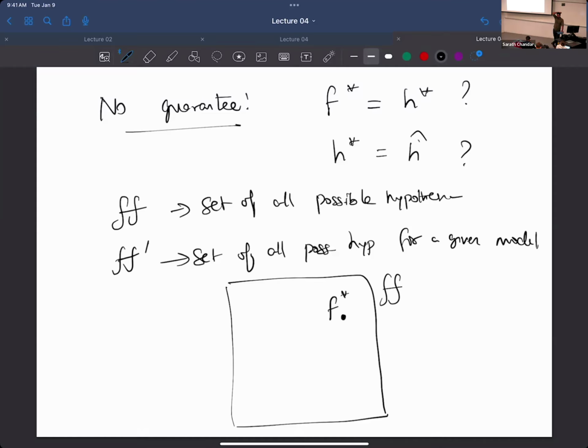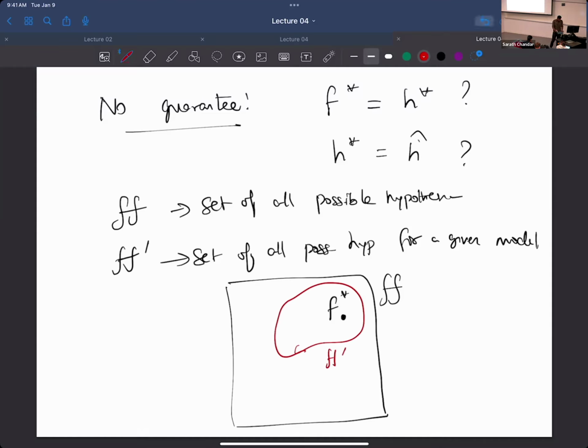Now, the first assumption that we are making, which is picking a model, right? Once you pick a model, there is no guarantee that f star is going to be within the h dash, okay? So for example, my h dash could be something like this. Then we were lucky. So we picked the best model class, which encompasses f star, right?